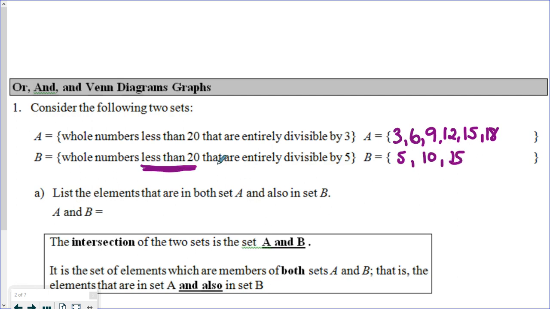Again, less than 20 means we're not going to use 20 because 20 is divisible by 5, but we're not going to use that. So list any elements that are in both set A and also in set B. So anything, what's in common?